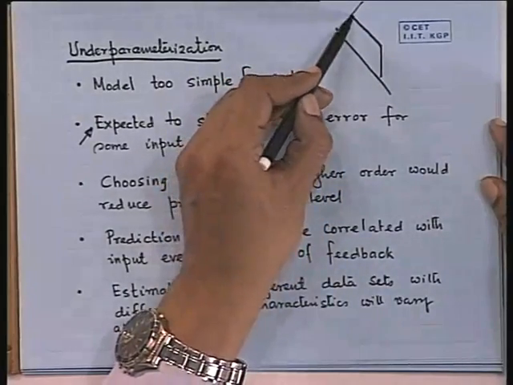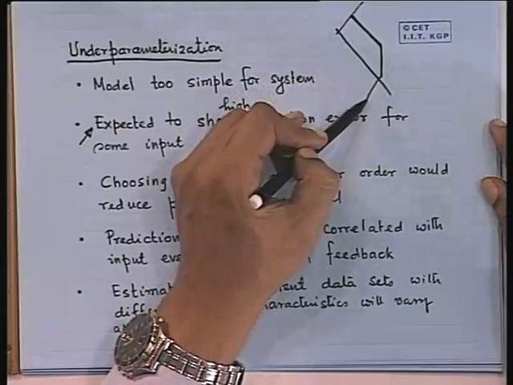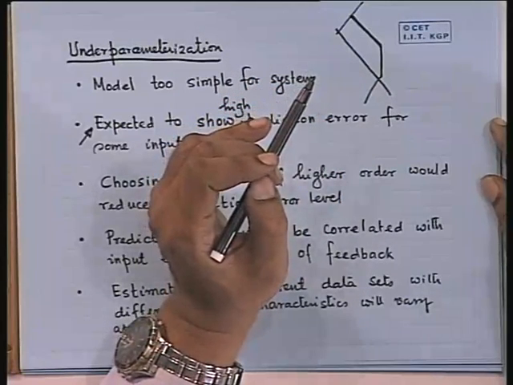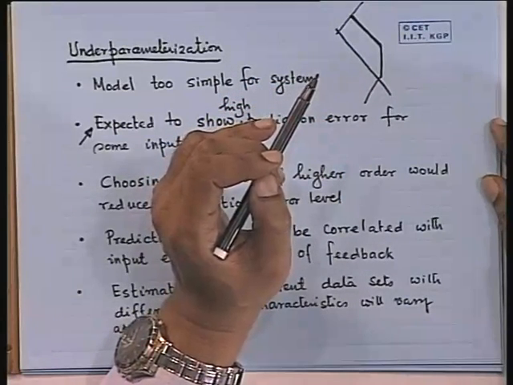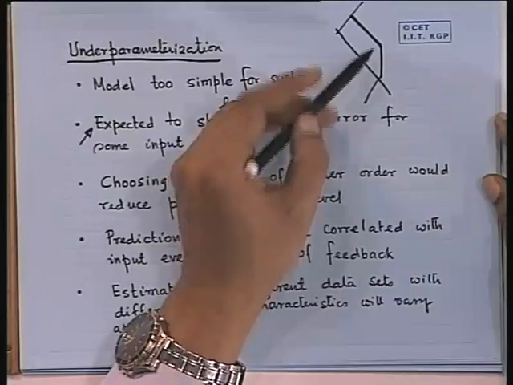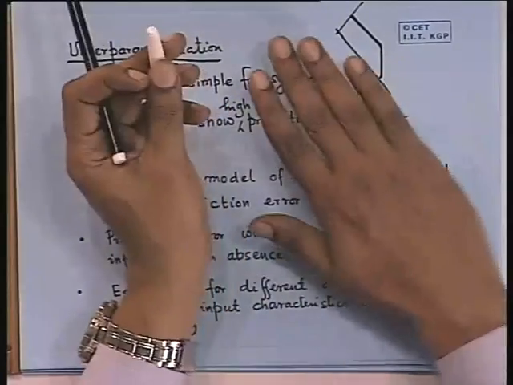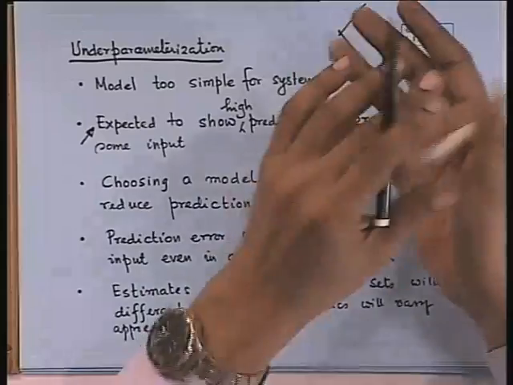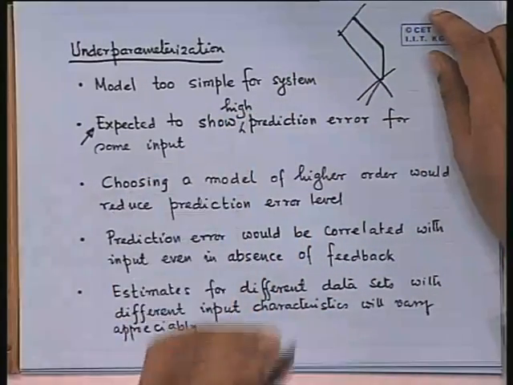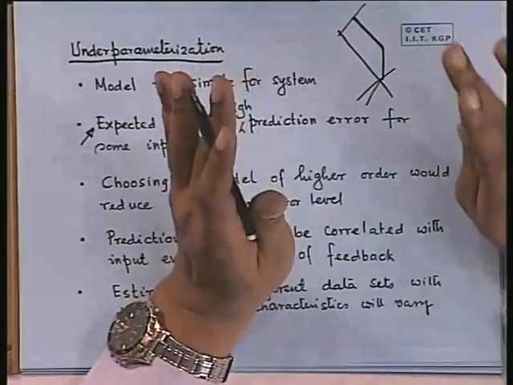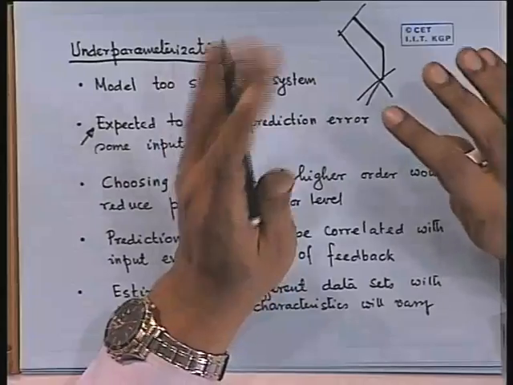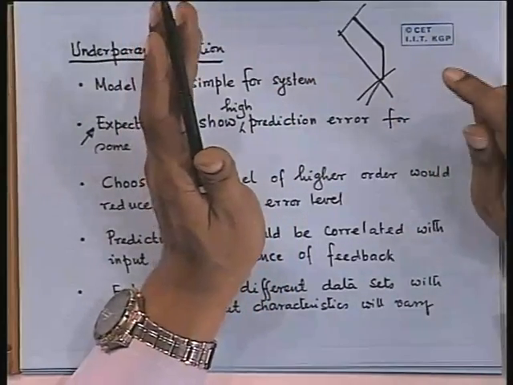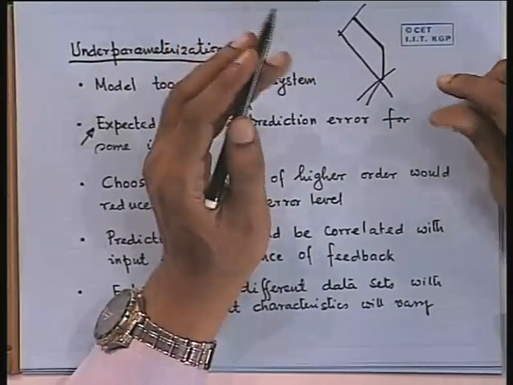For a second order system, it will be like this and then like this. Correct? 2 poles. But as long as your input is up to this frequency, it's like a first order, at least in the asymptotic plot. The true plot is not that. For simplified argument, we are thinking in terms of the asymptotic plot.